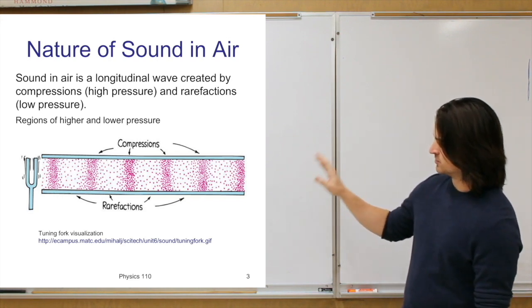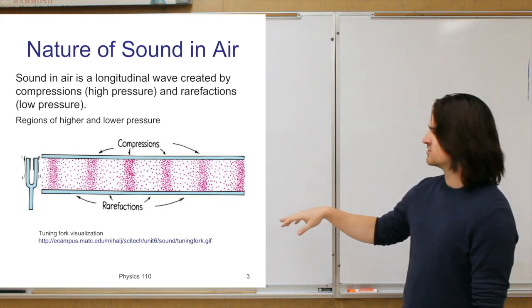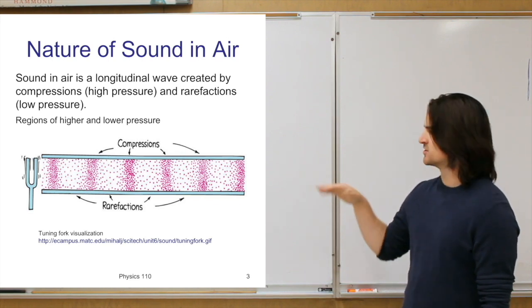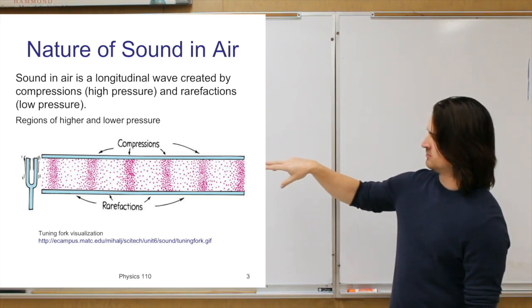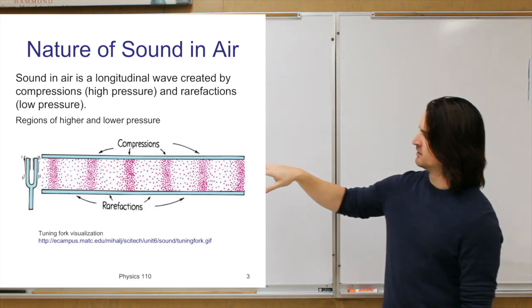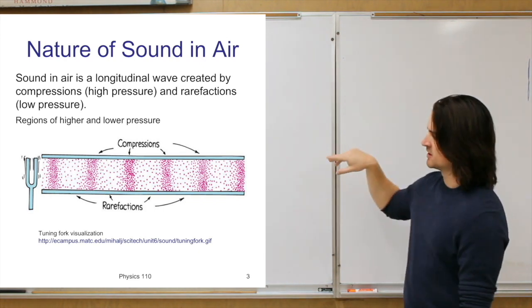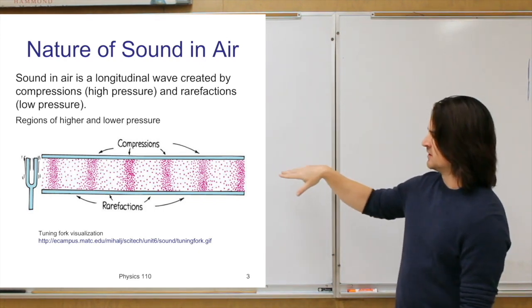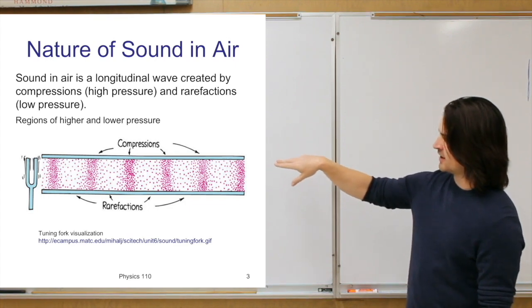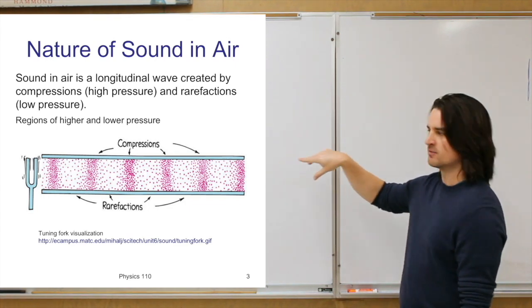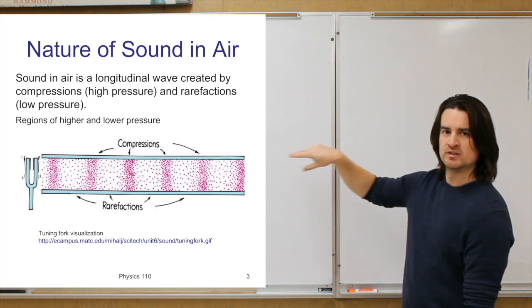So let's look at an actual visualization in a second here, a moving visualization, but we want to imagine that when the sound wave is propagating, it's not just a freeze frame, these air particles are oscillating back and forth.